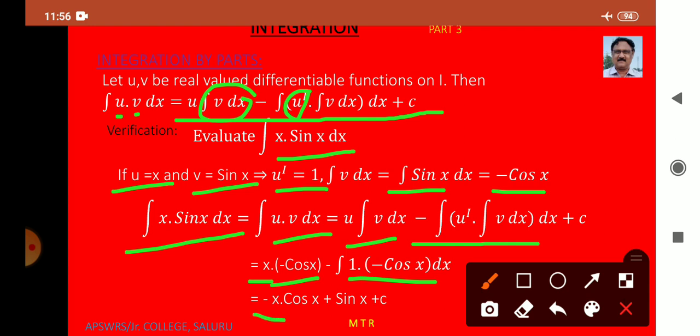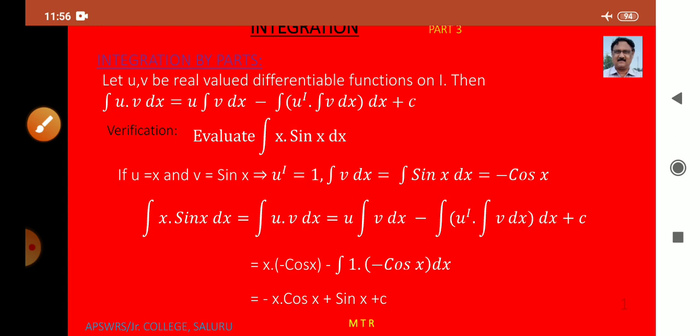So minus x cos x, minus into minus plus sin x plus c. Like that, if we suppose x is equal to u and sin x is equal to v, the integration of x sin x dx is very simply minus x cos x plus sin x plus c.